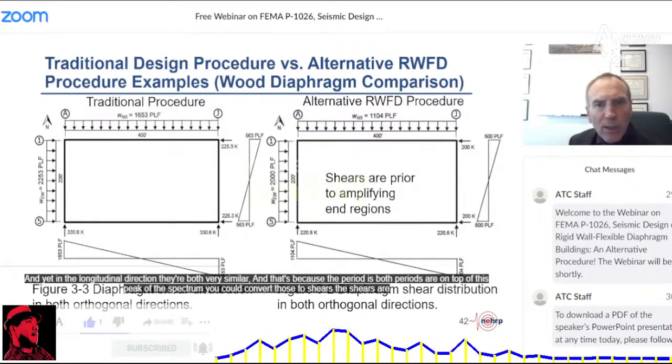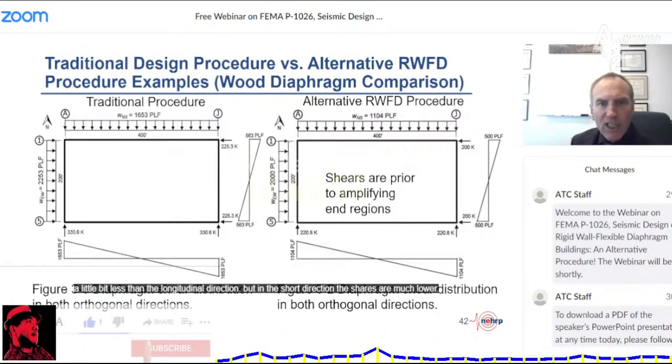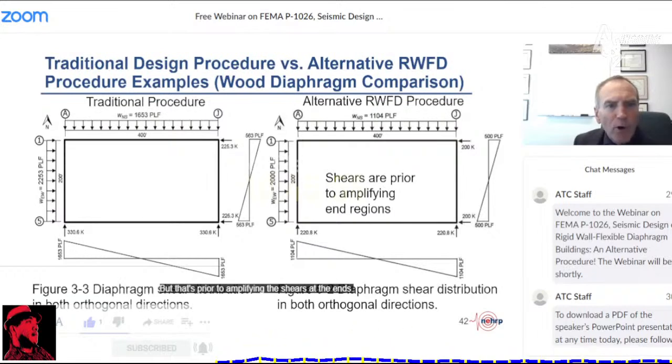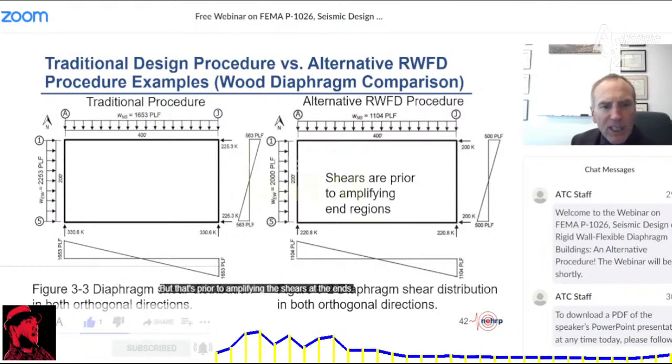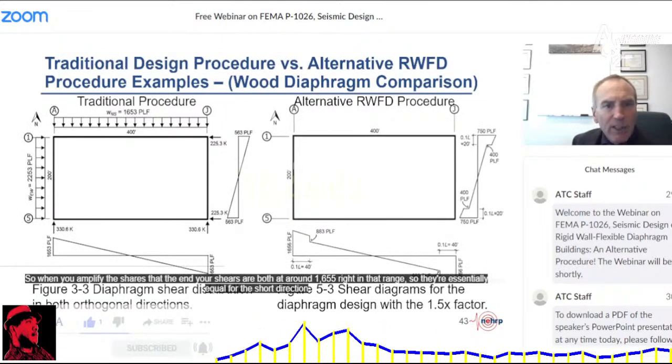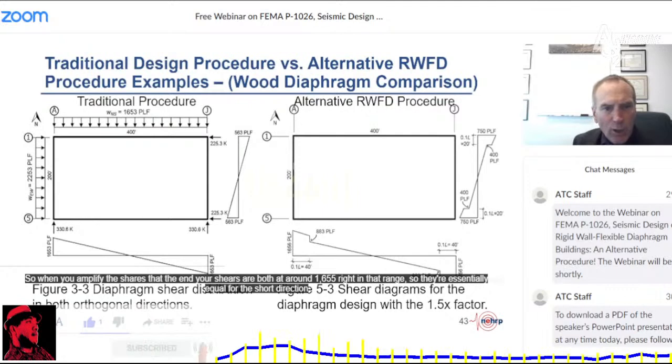The shears are a little bit less in the longitudinal direction, but in the short direction, the shears are much lower. But that's prior to amplifying the shears at the ends. So when you amplify the shears at the end, your shears are both at around 1655, right in that range. So they're essentially equal for the short direction.